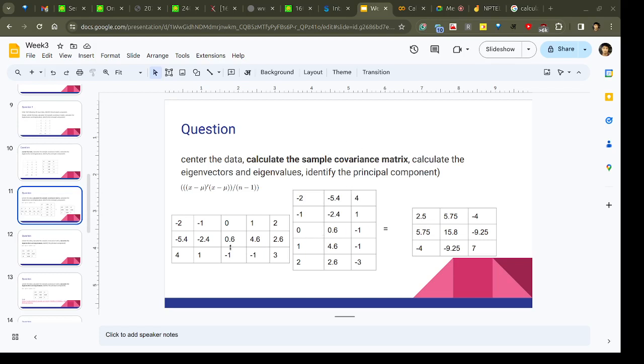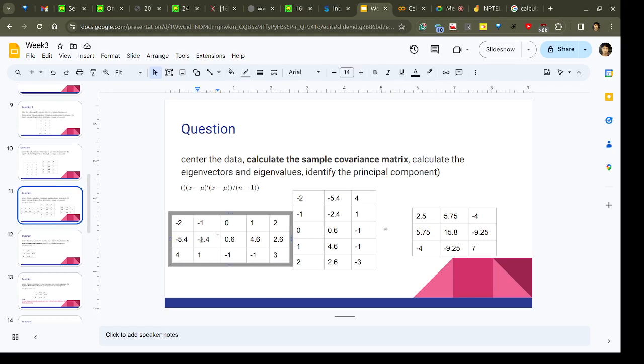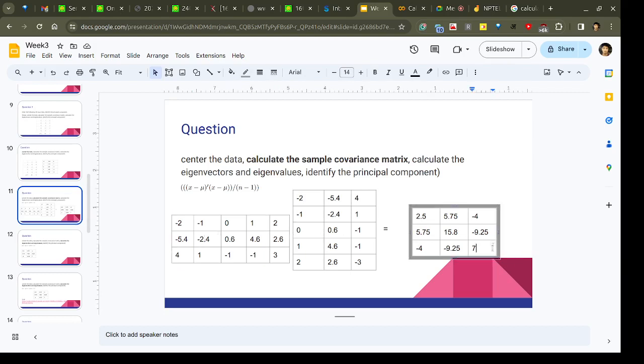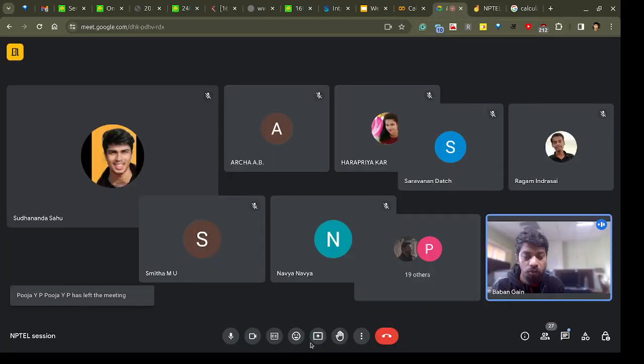Okay, so everything is coming out correct. Apparently I haven't written the minus here, but the calculation was right. Okay, so this one is right. Fine, then the covariance matrix is formed, so we'll move to the next step.